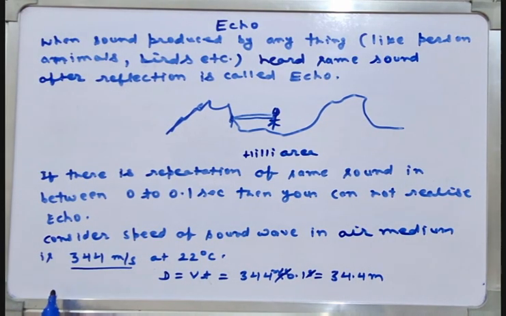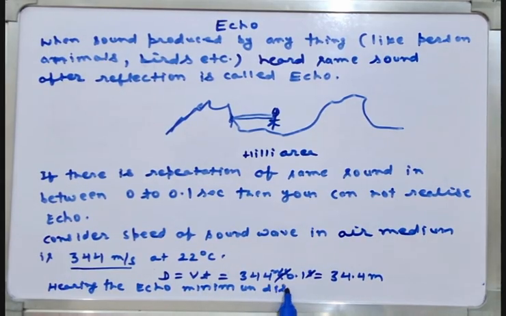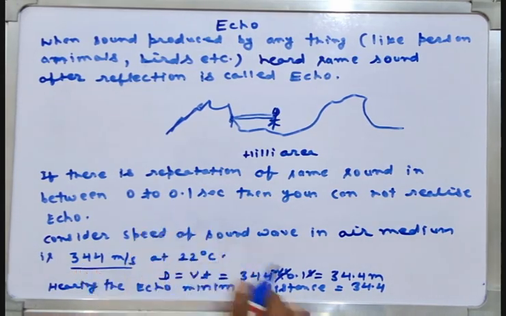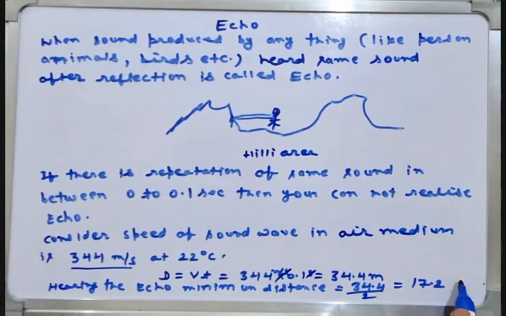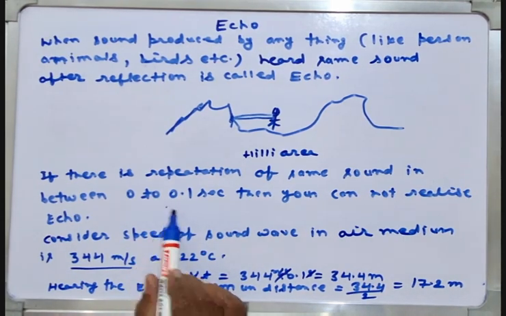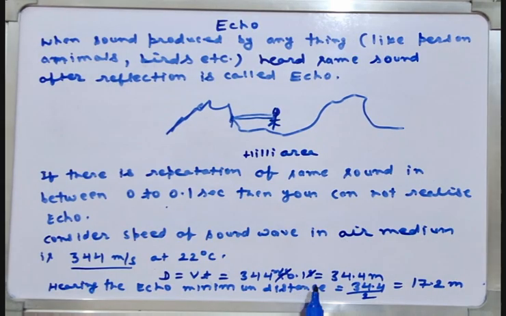So the minimum distance for hearing the echo is equal to this total distance covered by the sound wave in 0.1 second, make it half, then this will give 17.2 meter. Guys, why have we taken 0.1 time here?